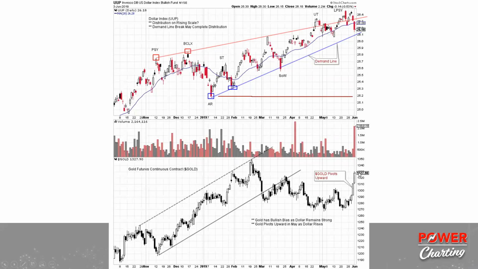We have 3 really good daily bars here and a turn off of this important test of prior lows. And we have the dollar all of a sudden becoming a little bit weak. It is not through its lower demand line yet, but it could be quickly if it continues to decline at the rate that it's at now. So this is a really interesting turn of events that might be a very early warning about a change of conditions between the dollar and gold.